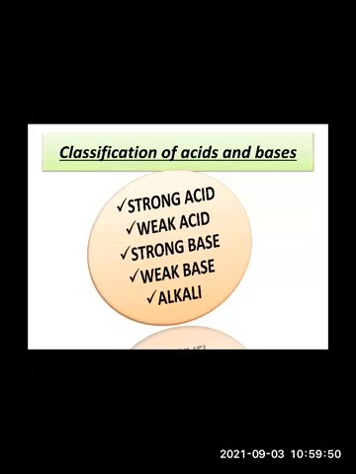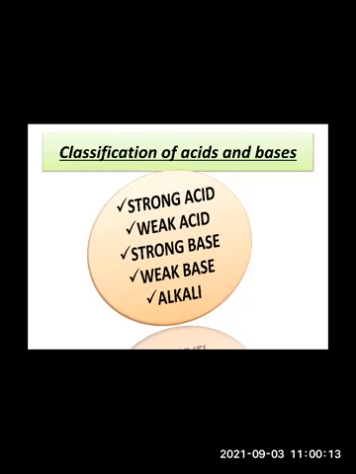For example, hydrochloric acid, HBr, HNO3, that is nitric acid, hydrogen bromide, sulfuric acid, H2SO4, all these. So all these are concentrated acids, that means strong acids. So what will you be writing there? Concentrated acid, that means very strong acids.